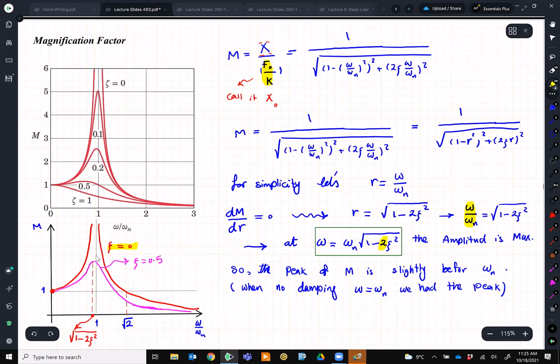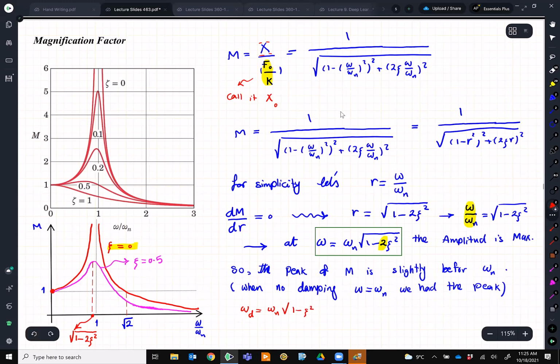Okay, I'm going to stop here and see if you have any questions. Let me check chat. So the question is, if we plot omega over omega d, then the max would be at omega equal to omega d? No. Again, that's what I emphasize. Omega d is a different number. Omega d, again, I write it down here, is omega n square root of 1 minus zeta squared.